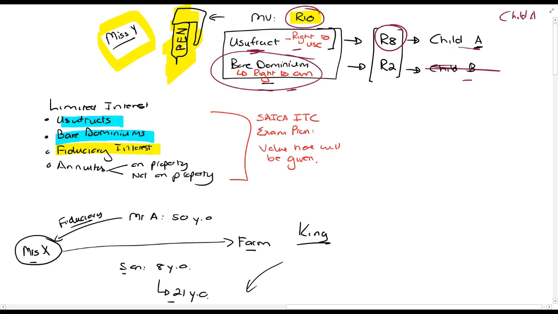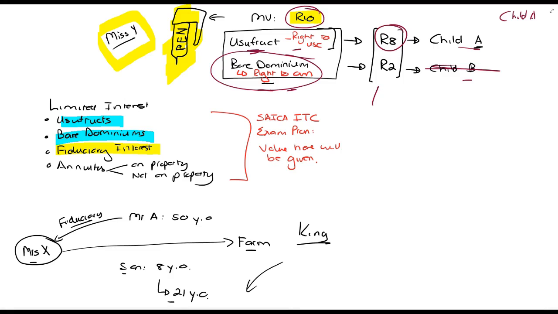Only the bare dominium. So then she will be taxed on the 2 rands, because child A has the usufruct. So if child A dies, child A will be taxed on the usufruct. Okay, so that's very important for you to understand.